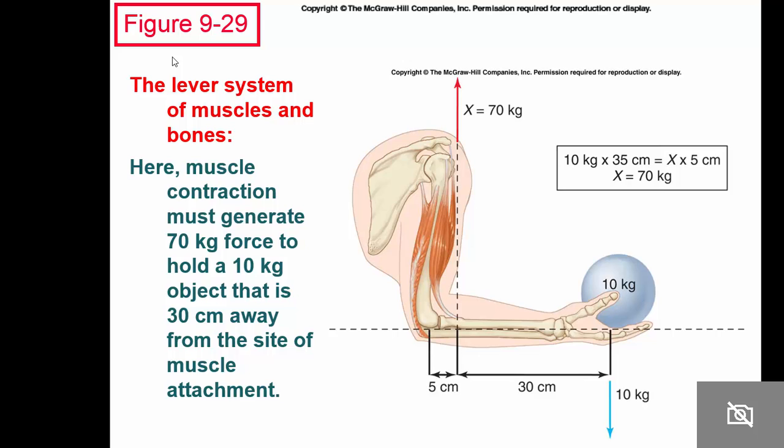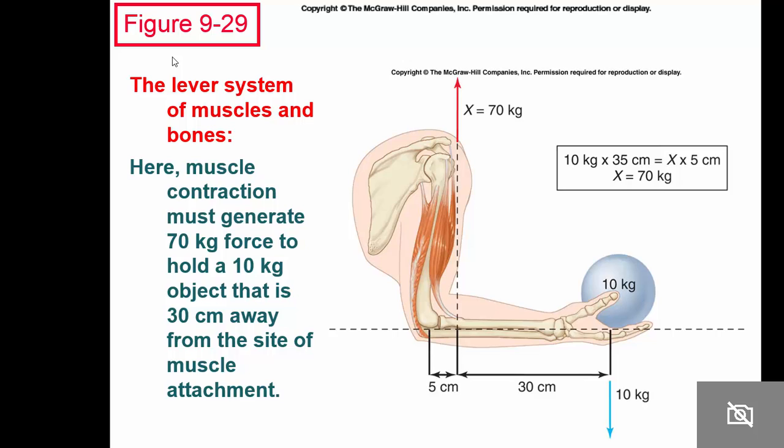So you take a look at the difference here from where the muscle begins and where the tendon inserts. And then you take a look at the difference between where the tendon inserts and the end of this lever system, and you look at the weight.